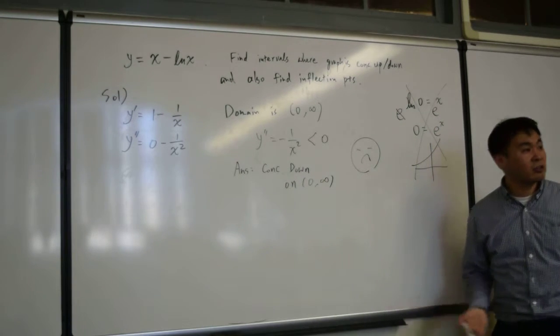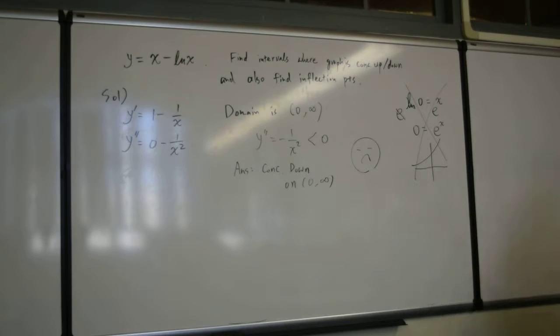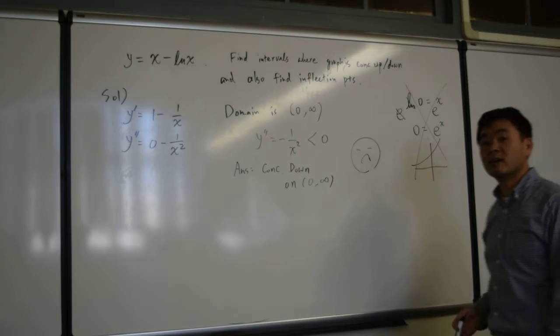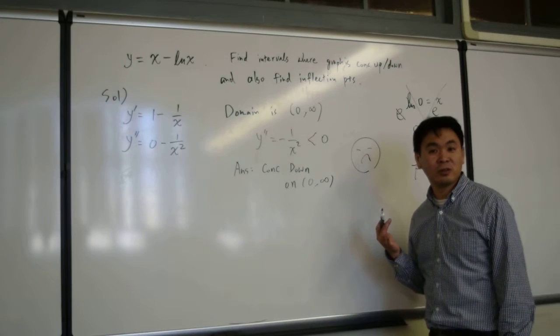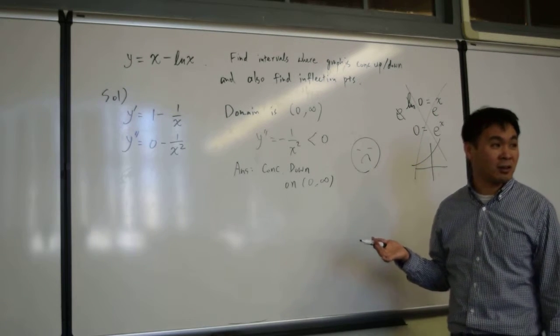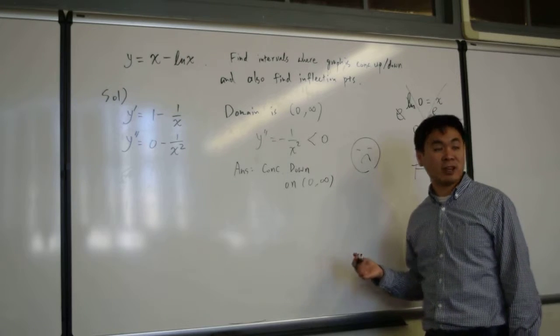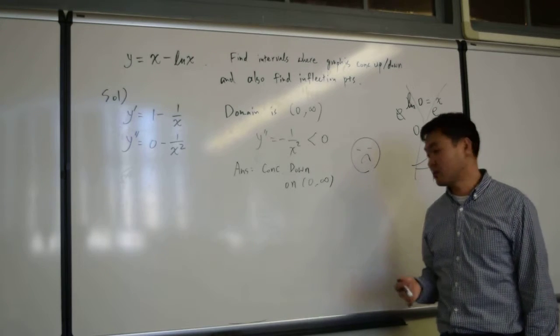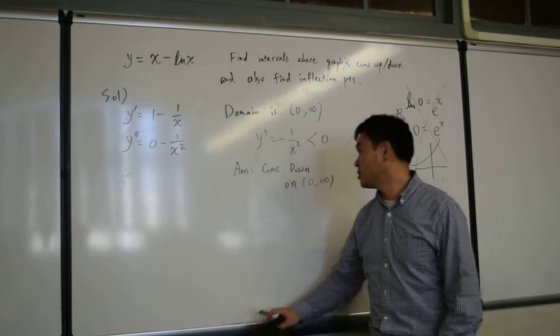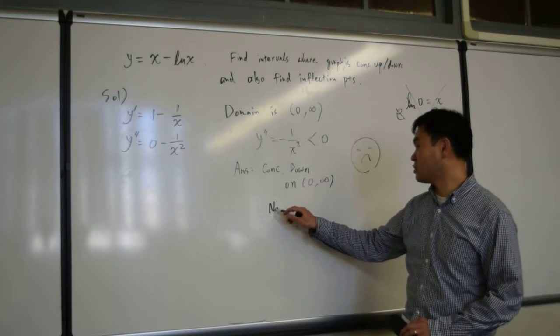Now, is there any change in concavity? No, there is no change in concavity. So is there an inflection point? No, no inflection. So we should add that there's no inflection.